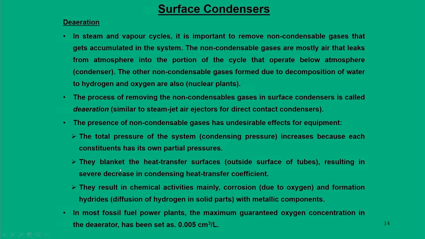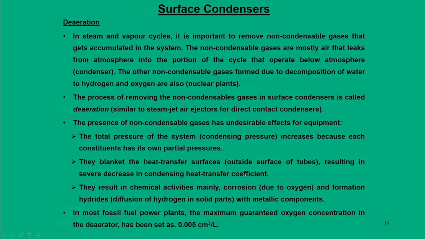The second demerit is that these non-condensable gases create a kind of insulation blanket on the heat transfer surfaces, and thereby decrease the overall condensing heat transfer coefficient. That is the reason these non-condensable gases have to be removed.